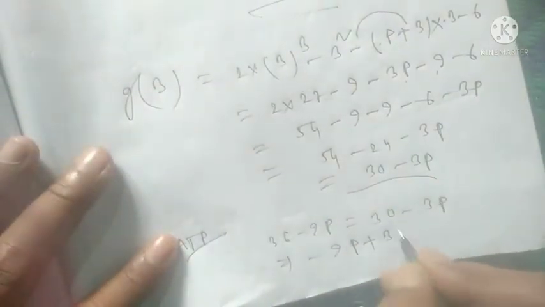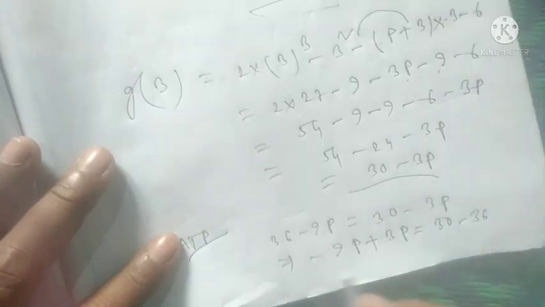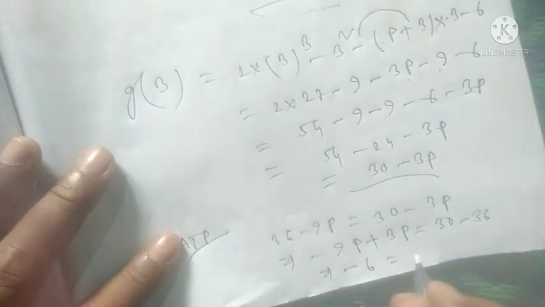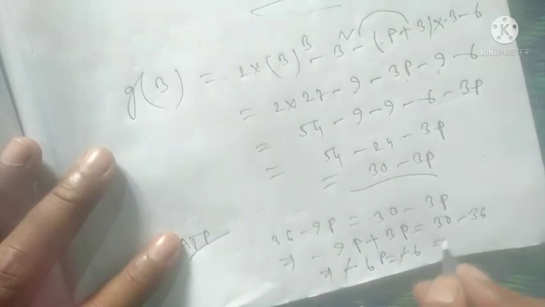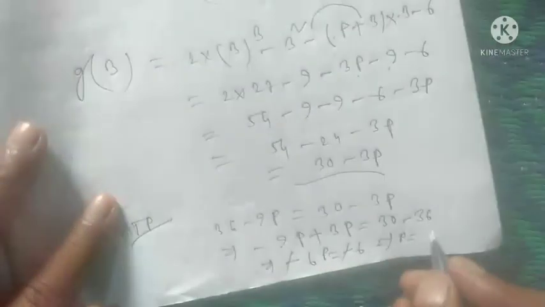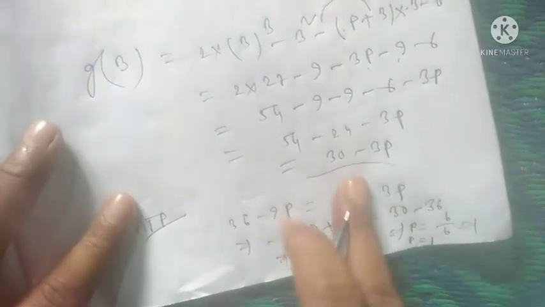Then minus 9p plus 3p is equal to 30 minus 36. So it will be minus 6p is equal to minus 6. The minuses cancel, so p is equal to 6 by 6. So the value of p is equal to 1 when the remainder is the same.